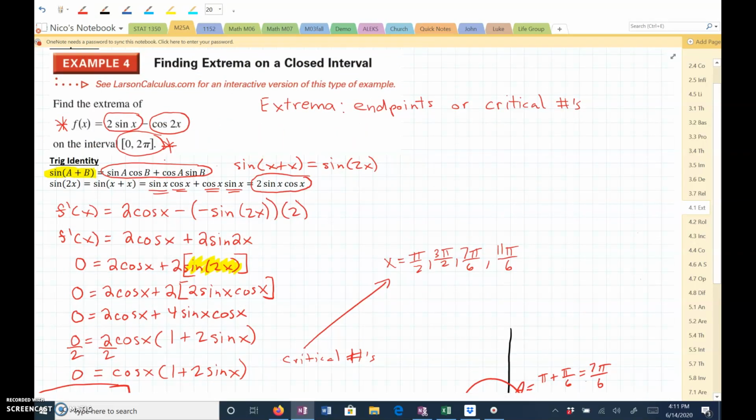And then my endpoints are at x equals 0 and x equals 2 pi.